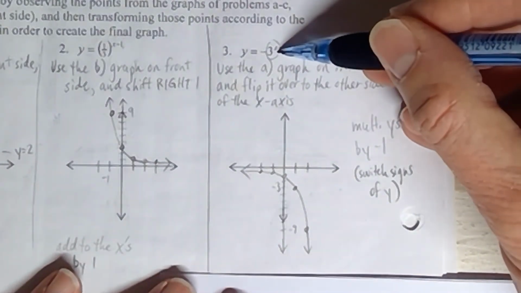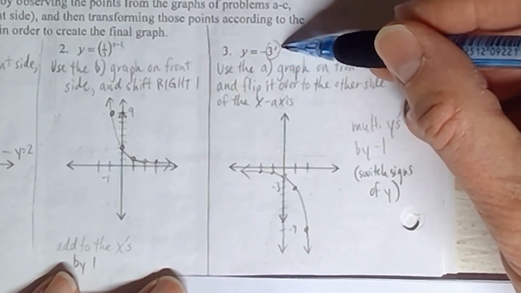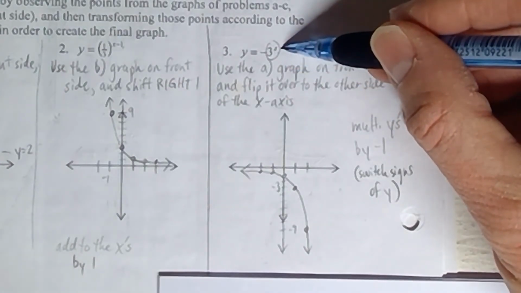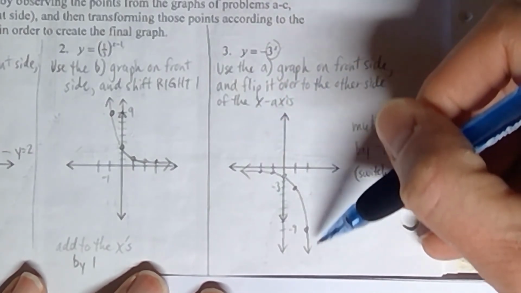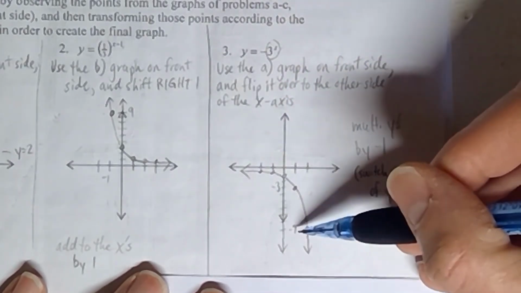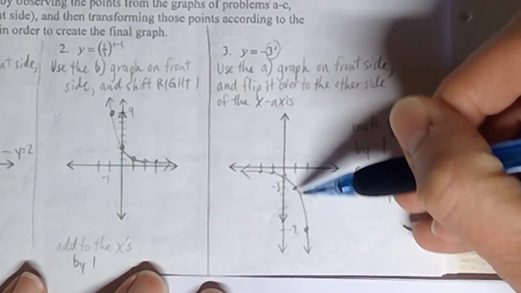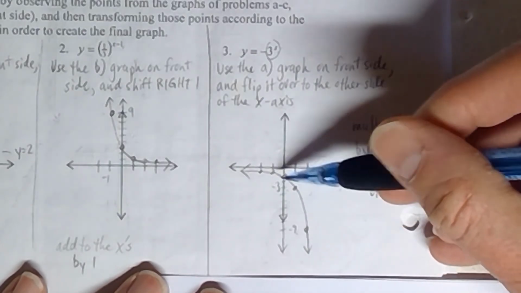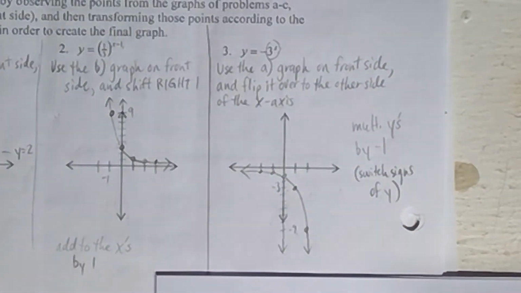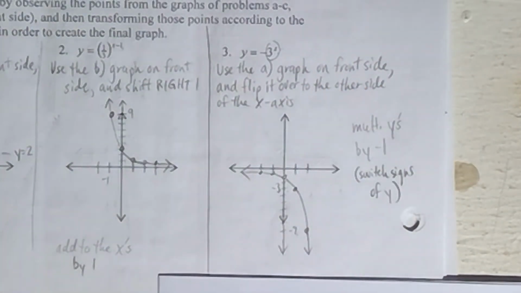Okay, so if you multiply those y values in problem A on the front, because this came from 3 to the x, by -1, and keep the x's the same, you get -9, -3 instead of +9, +3. All those y's change by multiplying by -1, and it causes the graph to still be a banana shape, but it now flips over. Okay, and that's number 3 right there.